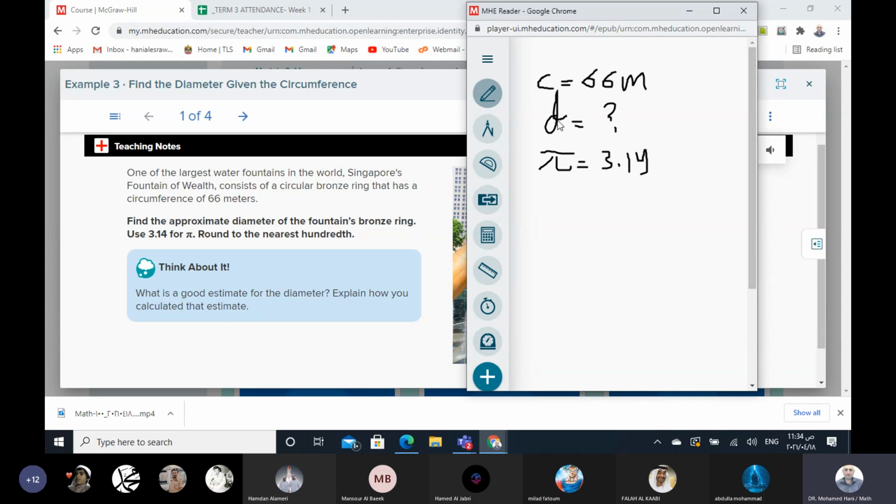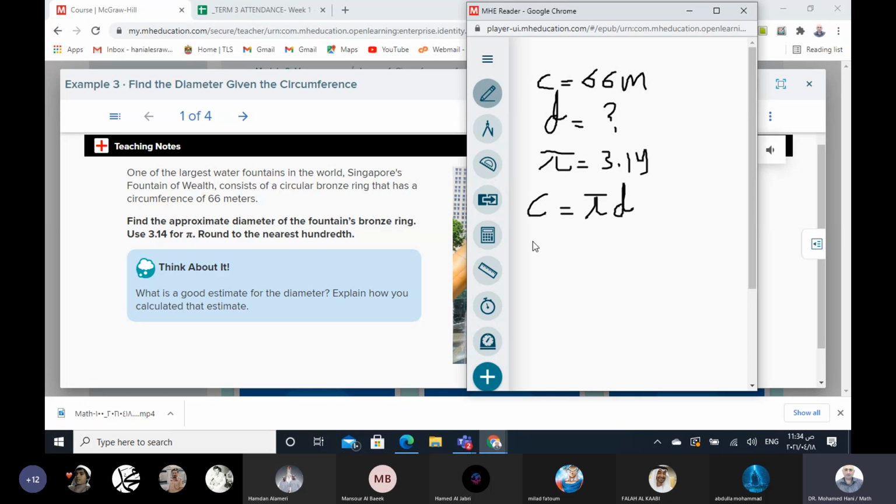How to find the diameter? Write the first formula. Start from C equals pi times D. Then substitution.